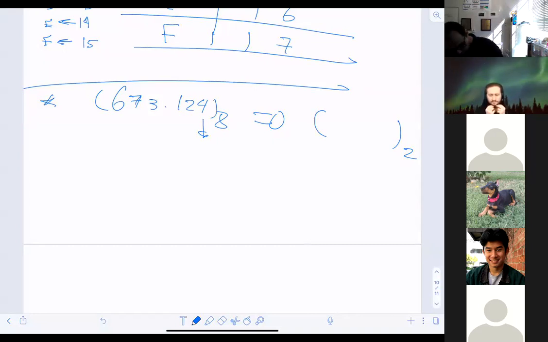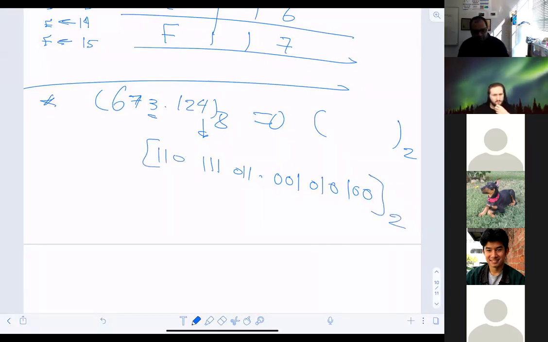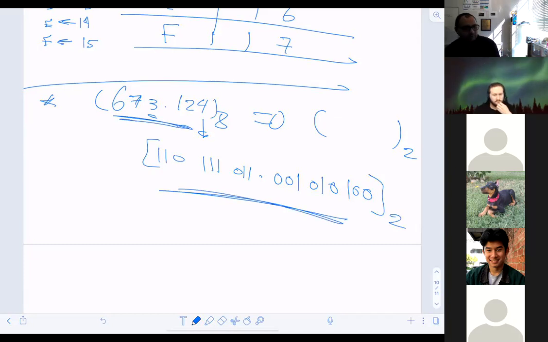So my 4 will be 001. My 2 is 010. My 1 is 100. And then you know my binary point. My 3 is 110. My 7 is 111. My 6 is gonna be 011. And this is the representation of the value written there.